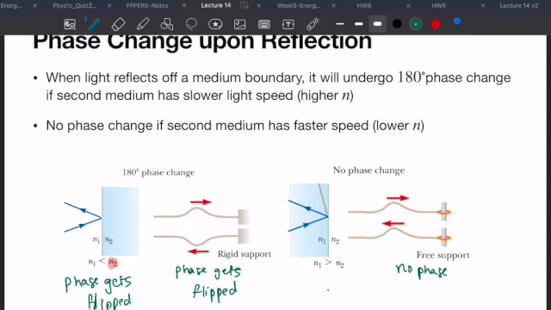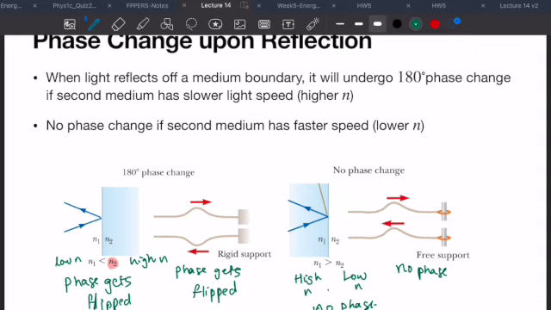On the other hand, when you go from high index of refraction to low index of refraction, there is no phase being introduced. This is important to keep in mind when we're talking about thin film.